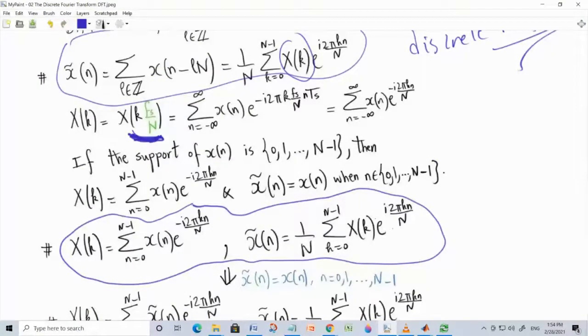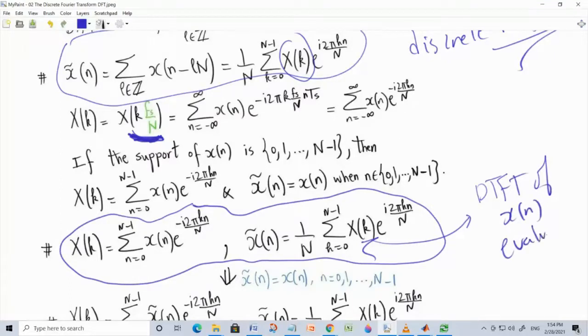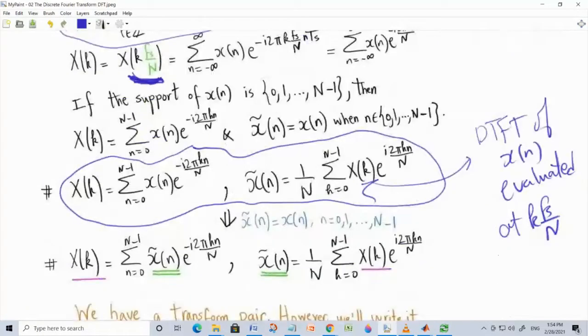It is given by this summation here. And what is x of k? Again, x of k is the DTFT of x of n evaluated at kfs over n, and k equals 0, 1, 2, to n minus 1. That's the definition of the DTFT, right? You put f equals this quantity, and you get this.